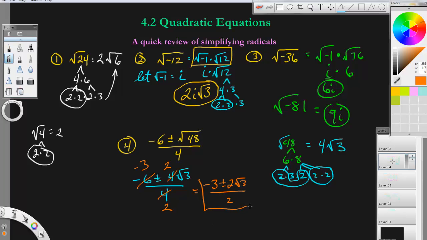And that would be acceptable, although if we were drinking tea with the pinky finger out, being proper, if you will, this could probably reduce a little bit further, because you could say -3 over 2 plus or minus 2 radical 3 over 2, and you can see that now that could cancel right there. You could cancel that and make it -3 over 2 plus or minus radical 3.